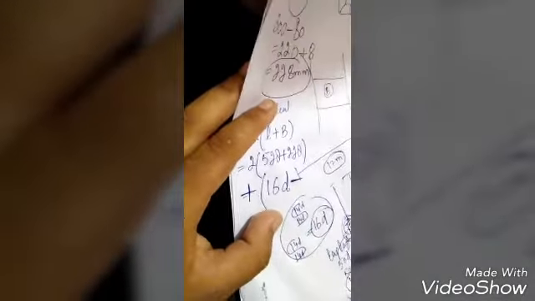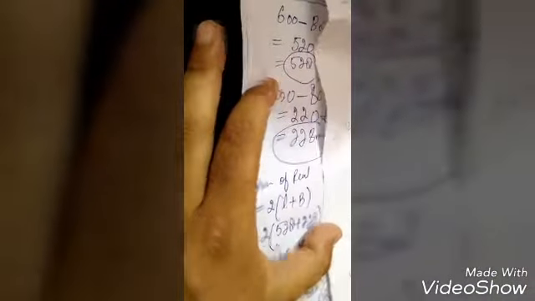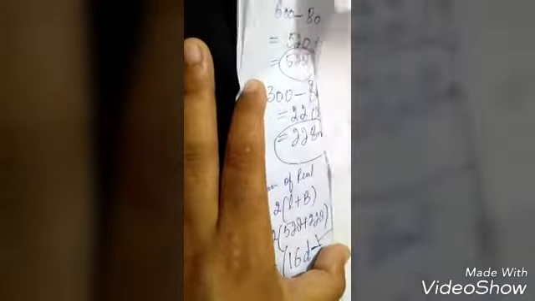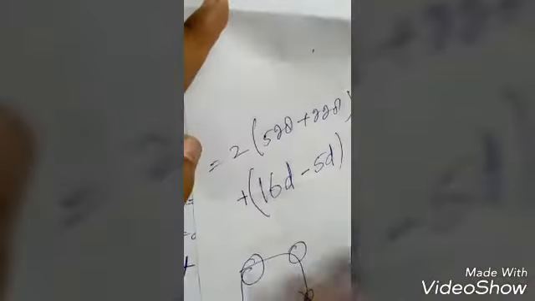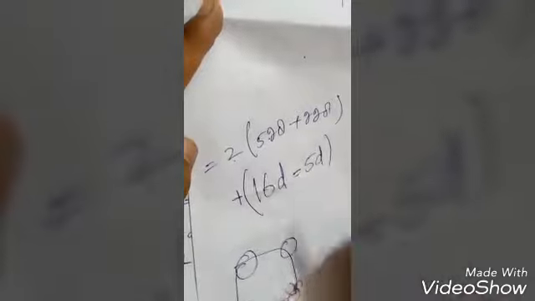So I will subtract 5D from 16D. The formula is twice length plus breadth, plus 16D minus 5D, the total bends.